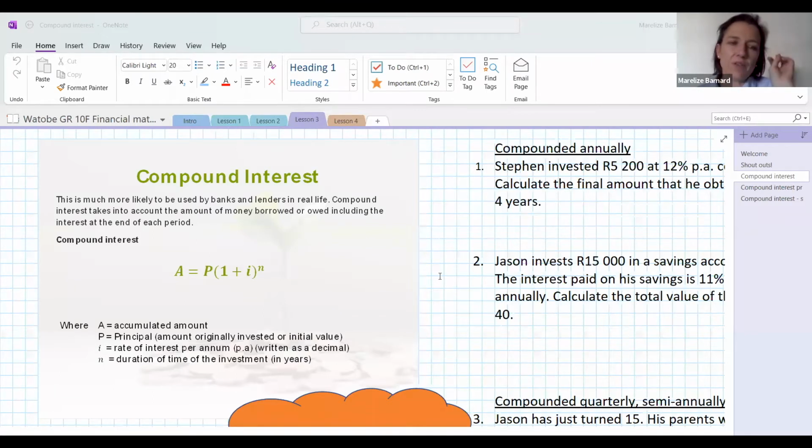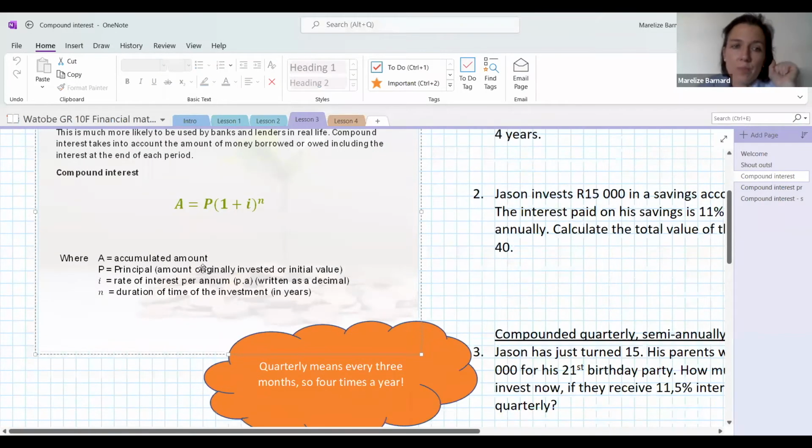So if you put money away, your interest will be calculated on the money you put away initially, plus the interest that you earned up to that point. So your money actually grows exponentially. That's why we end up with this formula that we can use for compound interest. You're welcome to take a screenshot or to write it down.